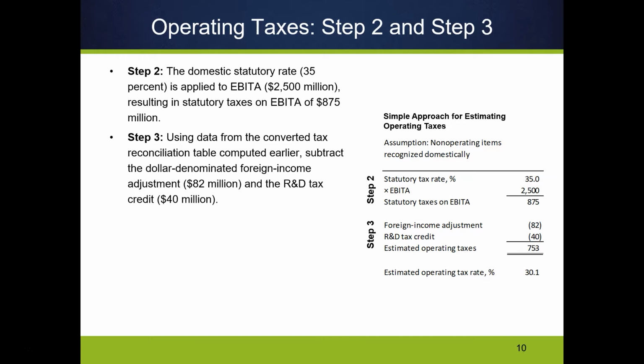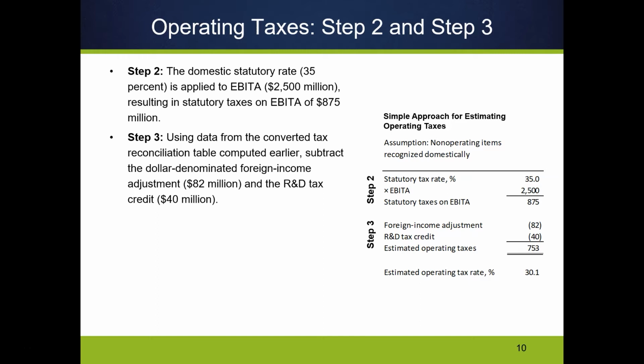So what we start with is the domestic statutory rate, and we multiply that by our consolidated EBITDA. So 35% times 2.5 billion. That would give us statutory taxes on EBITDA of 875 million. Now we know that's not anywhere near what was reported. We also know it's not anywhere near what was paid, but this is where we start.